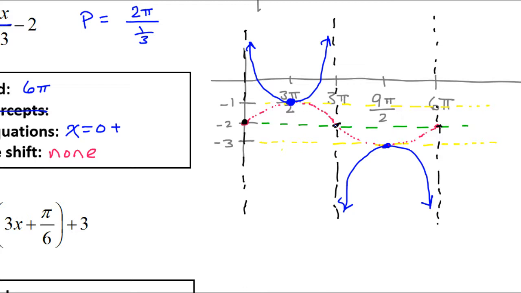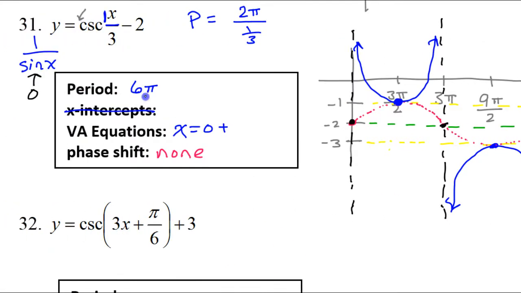So every half period, I get a vertical asymptote. Half of a period, see the period is 6 pi, half of a period is 3 pi. So I'm going to add 3 pi, and then I'm going to say 3 pi n, where the n is representing the repetition. It's a multiplier to represent all of the other asymptotes.